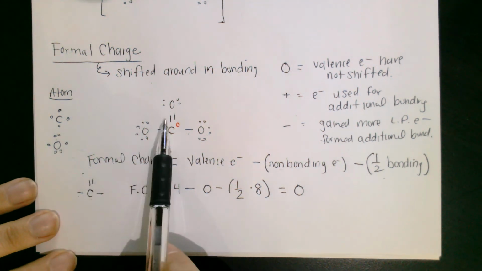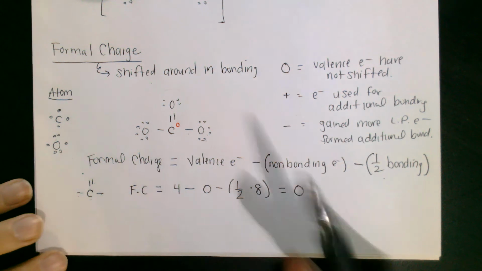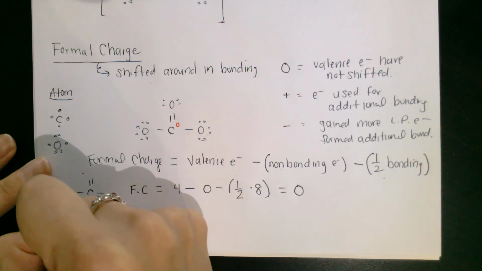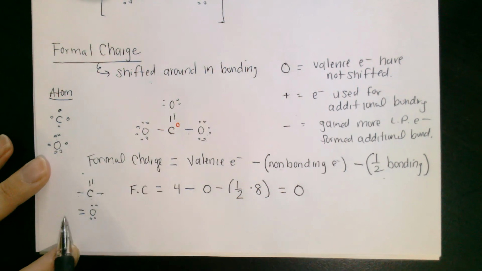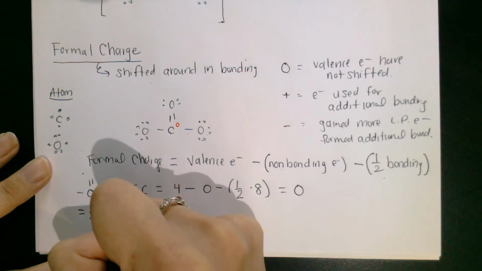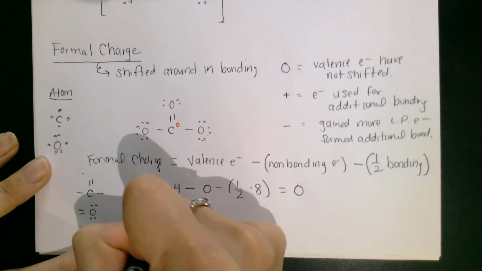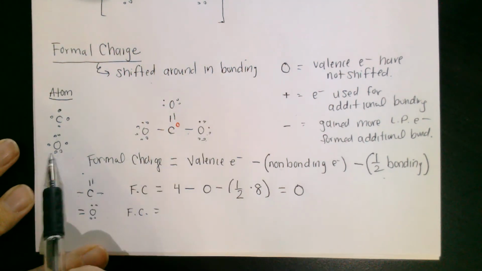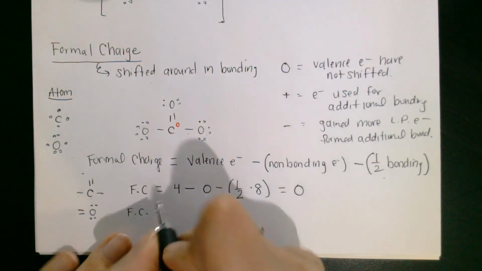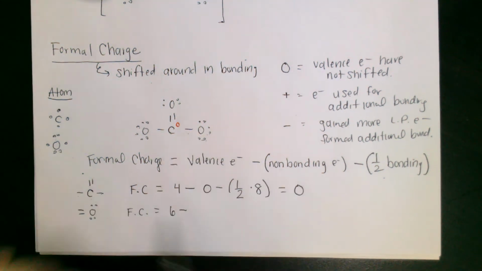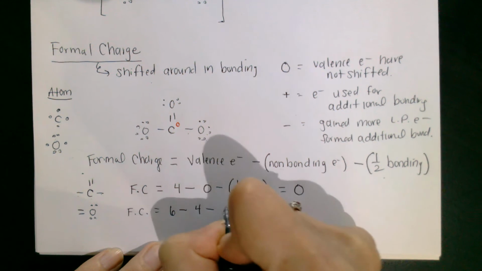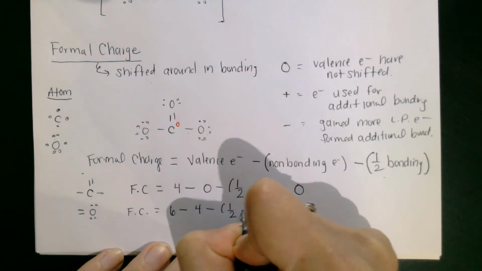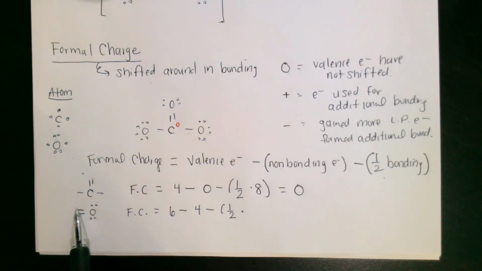Next we have this oxygen up here. When I do this, I like to draw out what I have. I don't care what it's bonded to. That's essentially what I have in terms of bonding and non-bonding. The formal charge equals, for oxygen, 1, 2, 3, 4, 5, 6. 6 subtract 1, 2, 3, 4. Subtract 1/2 times 1, 2, 3, 4.